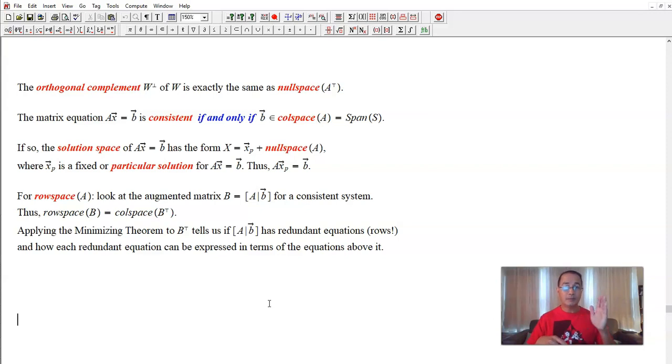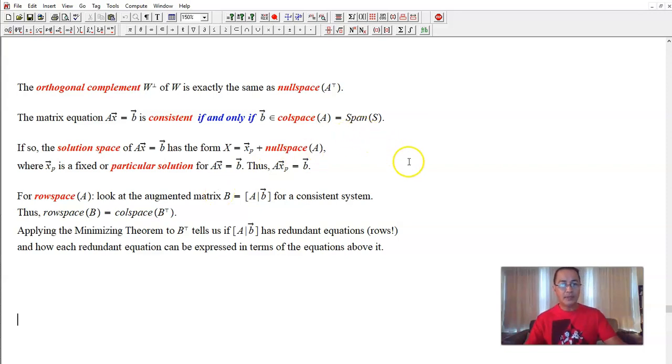Or if you insist on putting them into columns, just like we did in the scenario that we just described, you have to flip that matrix first, get the transpose, and then you look for the null space of that matrix. Because you want each vector to be orthogonal to the original spanning vectors, that means that the dot product has to be 0, and that means that the matrix product with each row has to give you 0. That's exactly what the null space is. All the vectors so that when you multiply it with the matrix, you get the 0 vector.